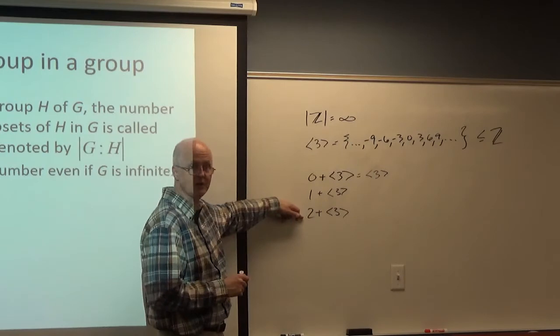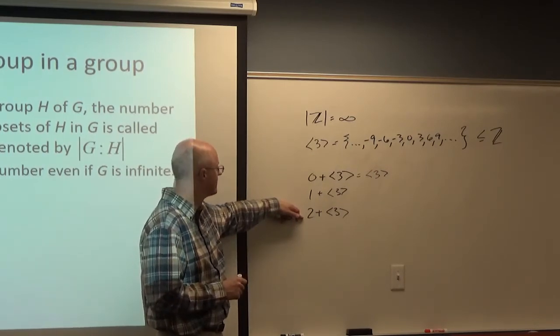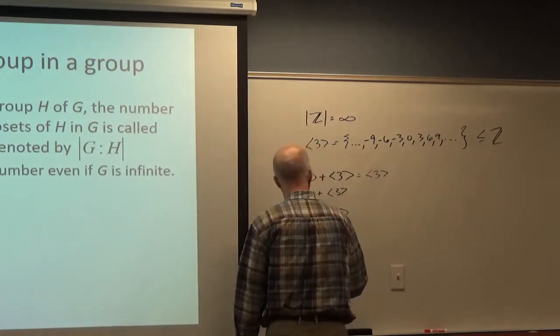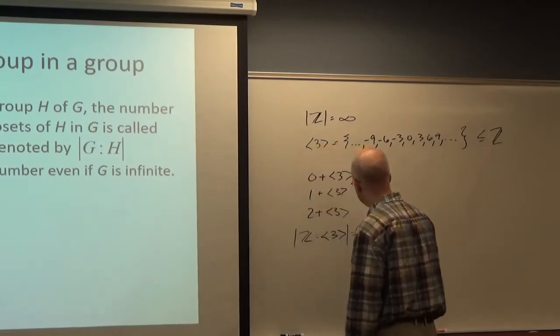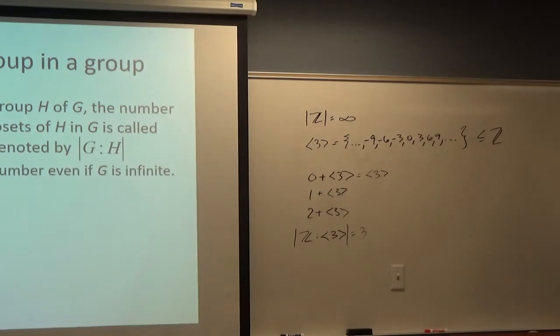I'm using additive notation here for these cosets because the group operation is addition. The index of this subgroup in Z is 3. There are 3 distinct left cosets.